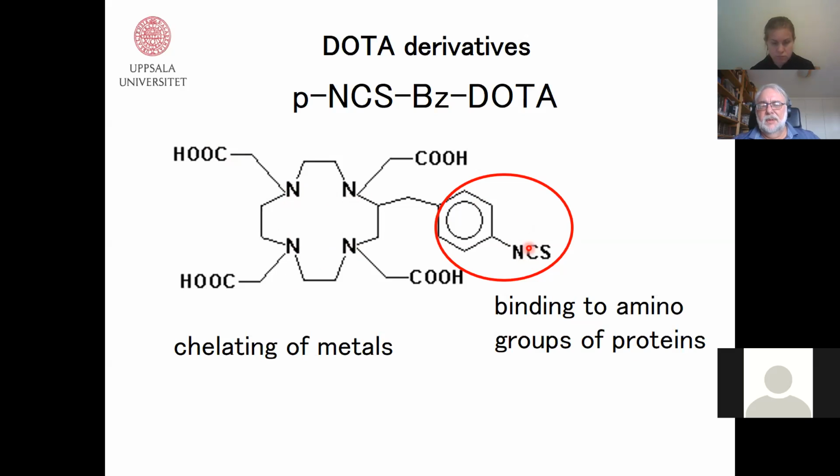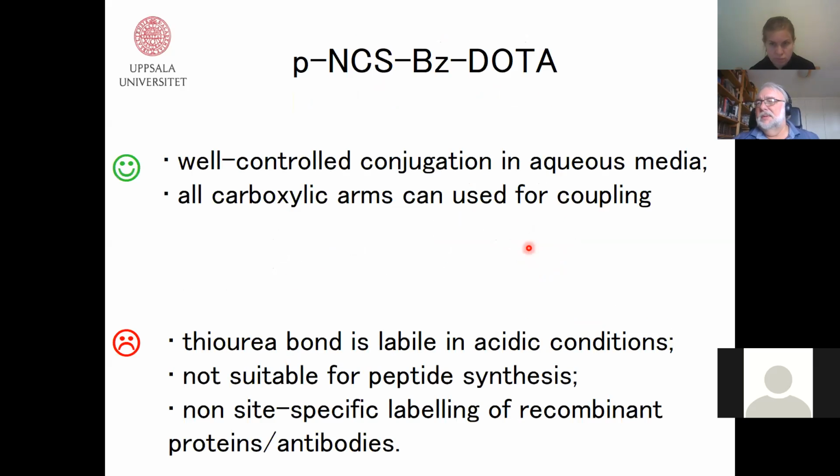isothiocyanate is capable of forming a thiourea bond with an amino group, and that offers apparent advantages. First of all, carboxylic arms are used for coupling of the metal, not for conjugation to the targeting moiety, and conjugation in aqueous media is very well controlled.